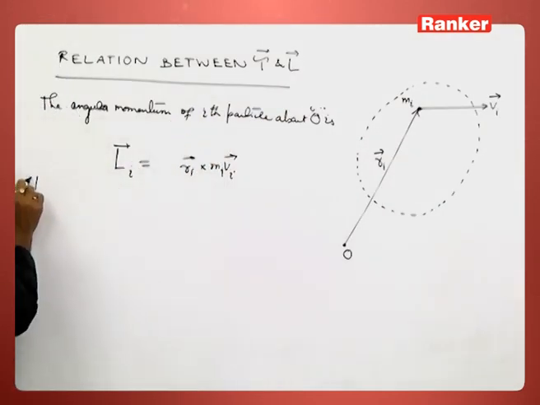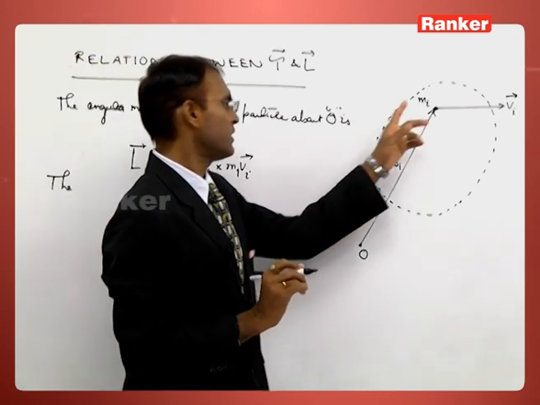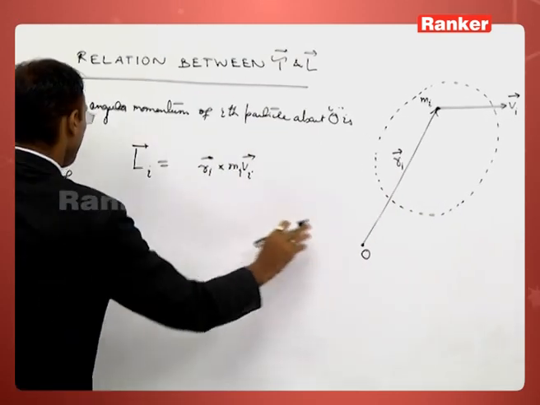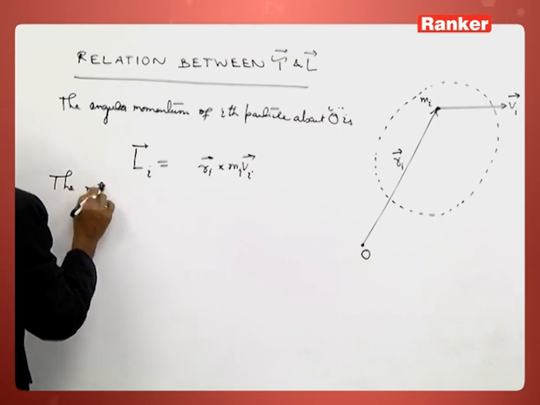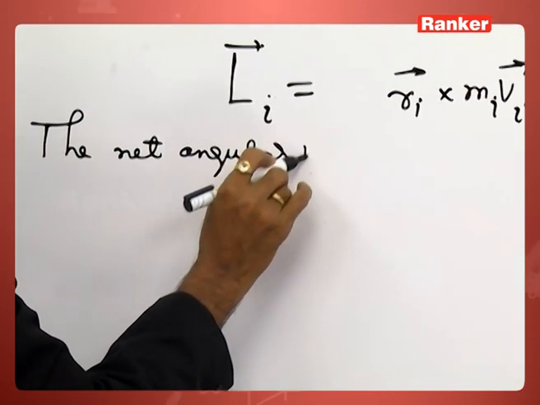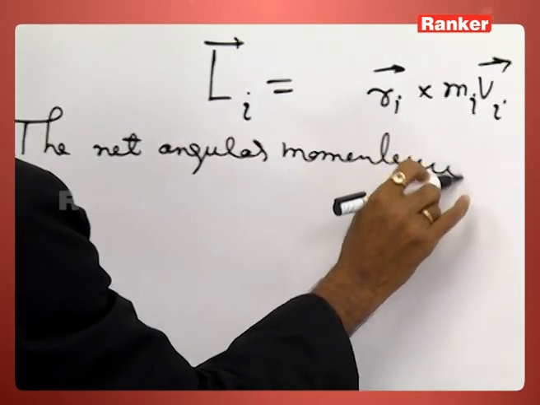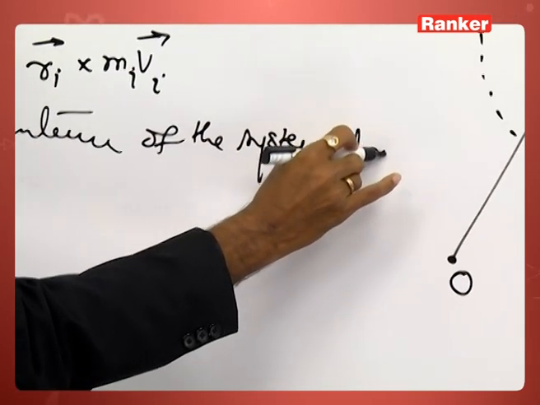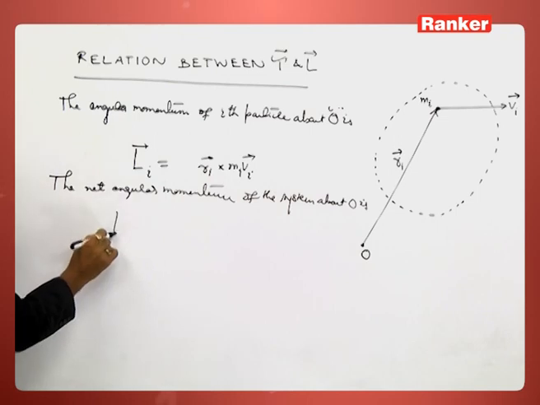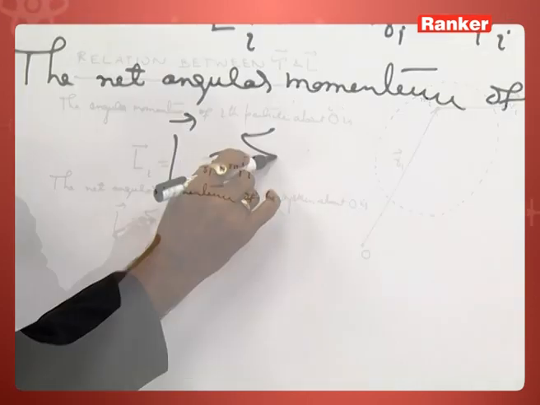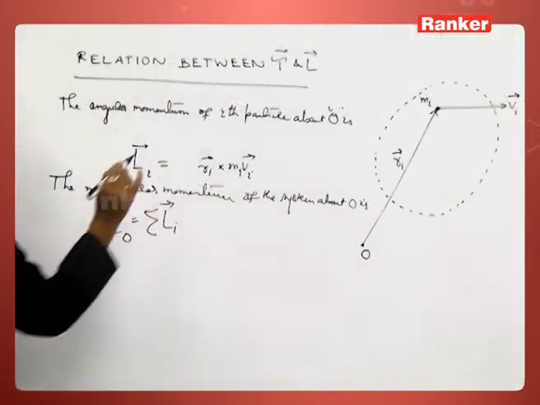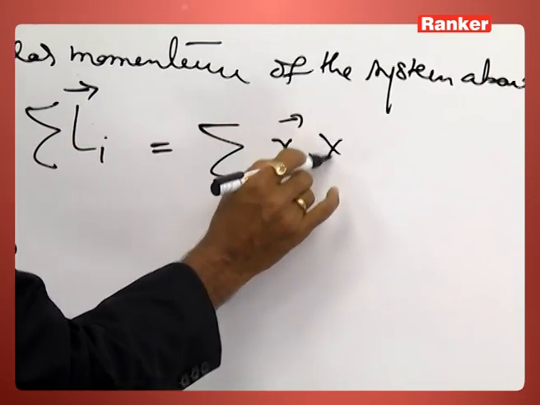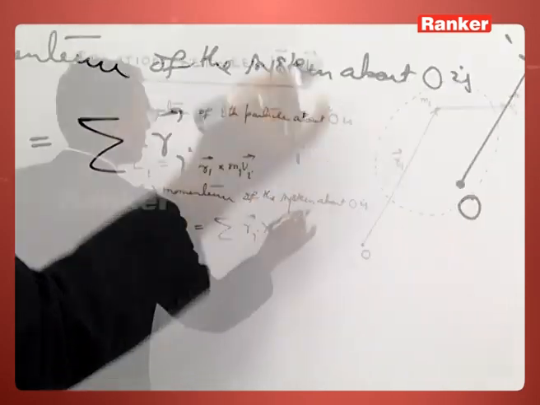If you take the vector sum of all the angular momenta of all particles about this point, you will get the net angular momentum. The net angular momentum of the system about O can be written as sum of angular momenta of all particles, that is equal to sum of Ri cross mivi.